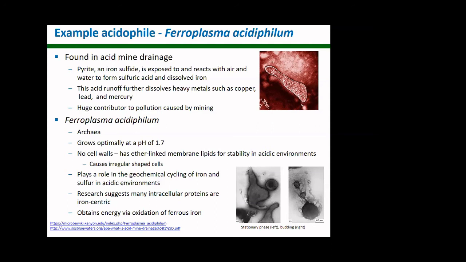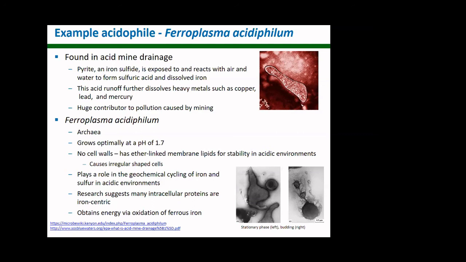It doesn't have any cell walls. It has these lipids that give it some stability in a very acidic environment, which causes these really weird irregular shaped cells. And because it lives in such a sulfur and iron rich environment, it actually has proteins inside it that revolve around iron. They need iron.